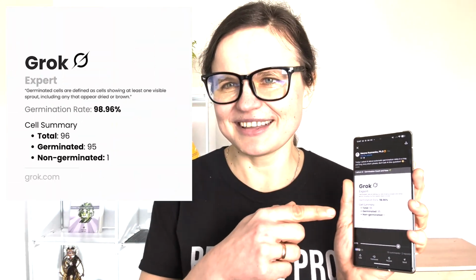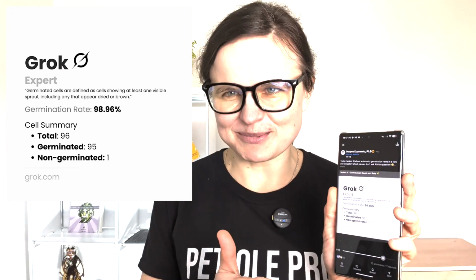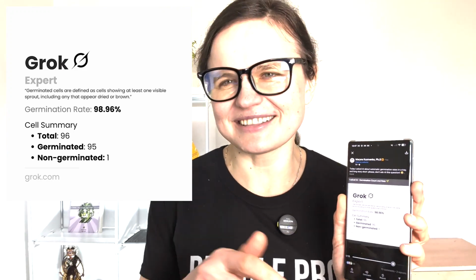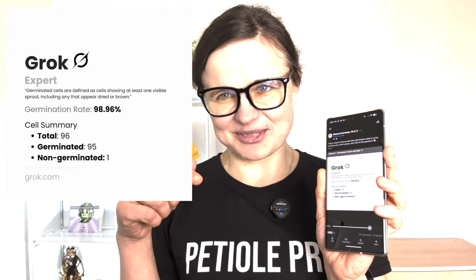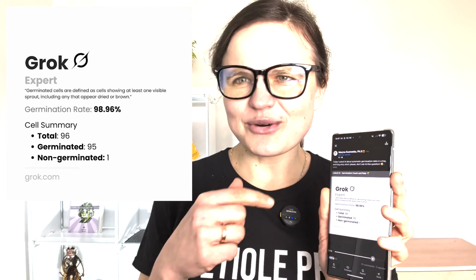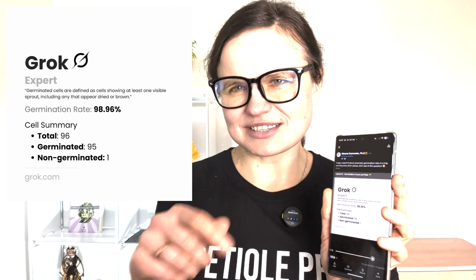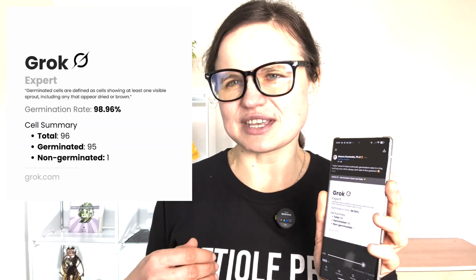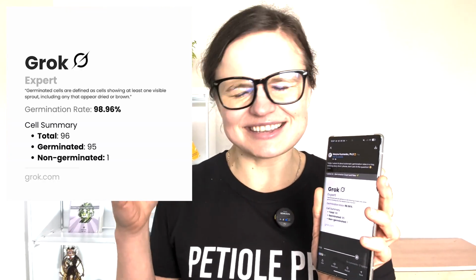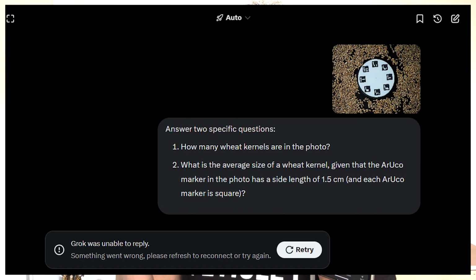Then Grok, and I must say this is huge progress for Grok, because in the last video when we were doing the kernel count, Grok didn't answer anything. I was trying to ask the same as with other models, and there was kind of an answer. I even took a screenshot that it was not possible to count or something like that.